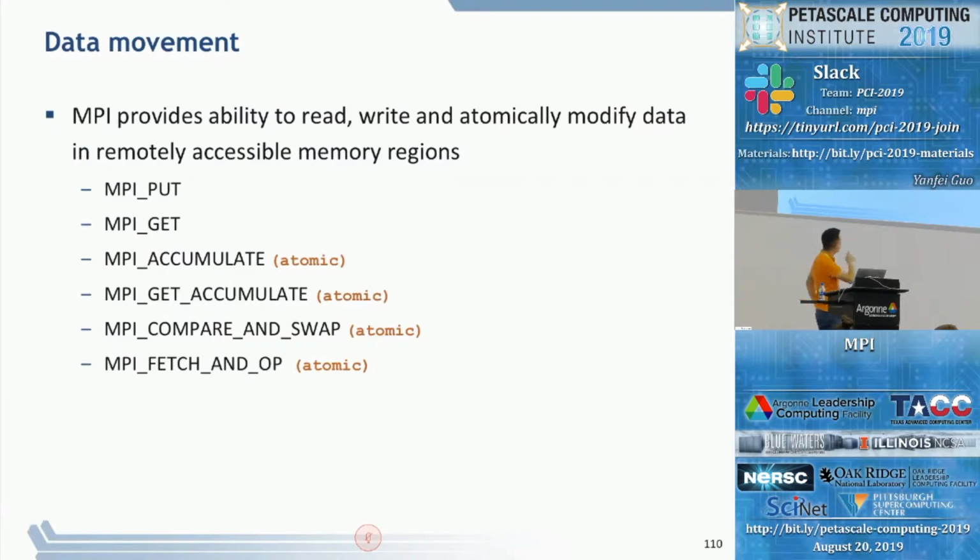We have MPI put and get, which are just write and read, and we have the other 4: accumulate, get accumulate, compare and swap, and fetch and op. Those 4 are what we call the atomic operations in RMA, or in the MPI standard they call it accumulate-like, but usually we just call it atomic.